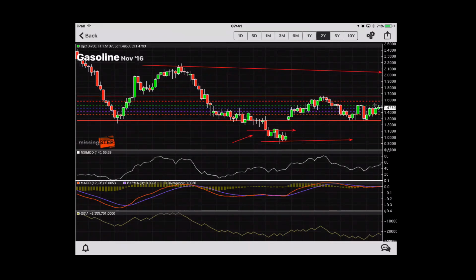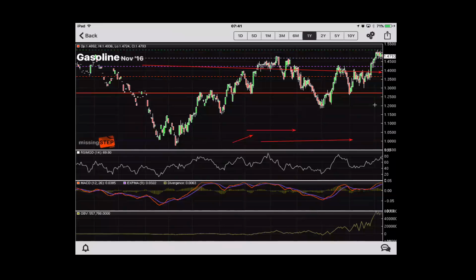Okay, but right now we're running into some overhead supply in crude oil, and there's a pause here. The structure is more corrective in nature. That's how I look at that. There may be a little bit more to go there as that's beginning to flag out.